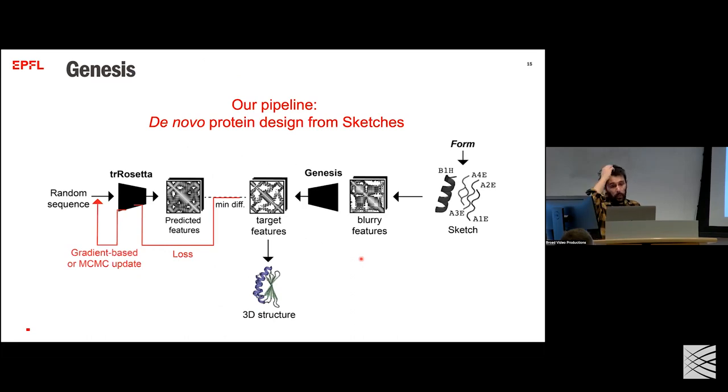The way the pipeline currently looks, or at least looked at some point, since it's already changing again, is that you have a string. You translate this string into the sketches with blurry features, you sharpen those features, and then you can use trRosetta to create the 3D structures.